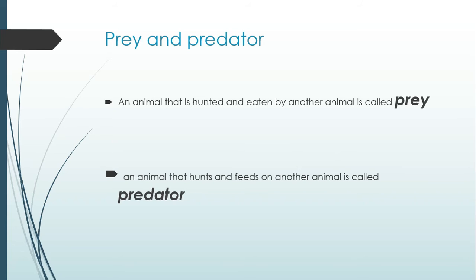Let's talk about prey and predator. An animal that is hunted and eaten by another animal is called prey, while an animal that hunts and feeds on another animal is called a predator.